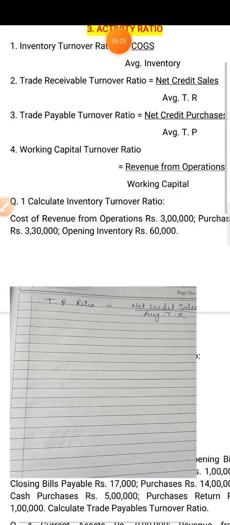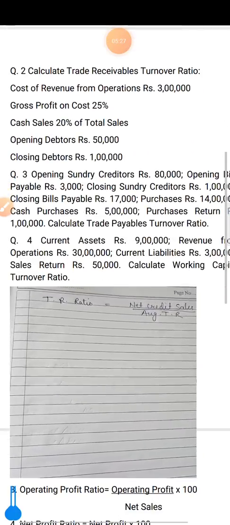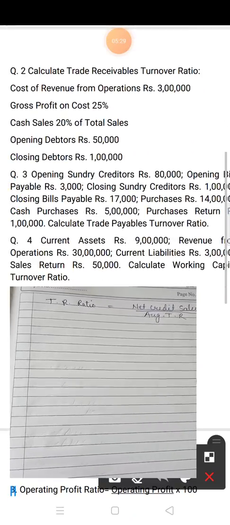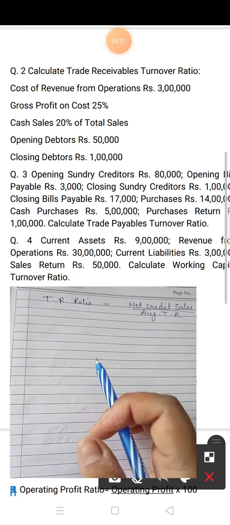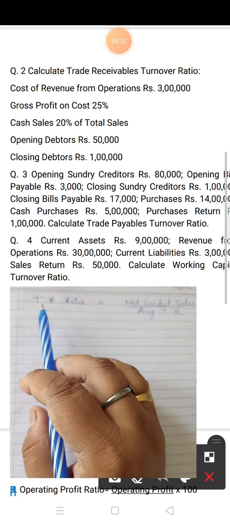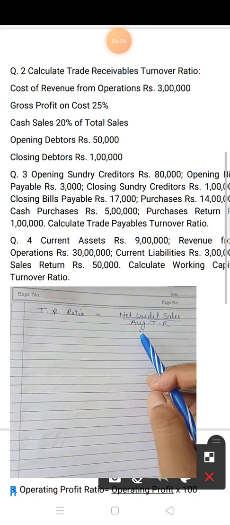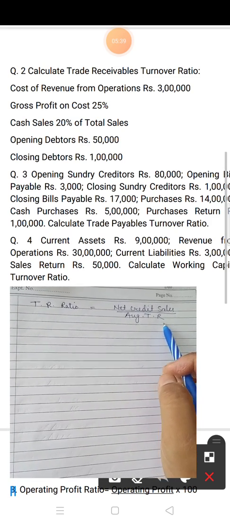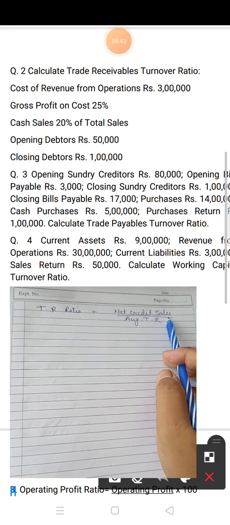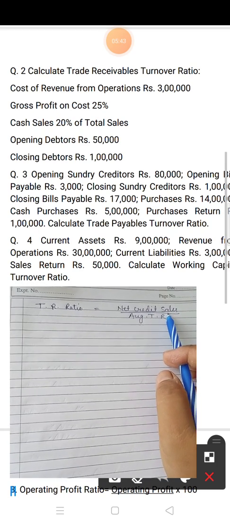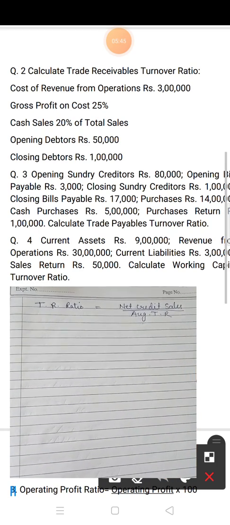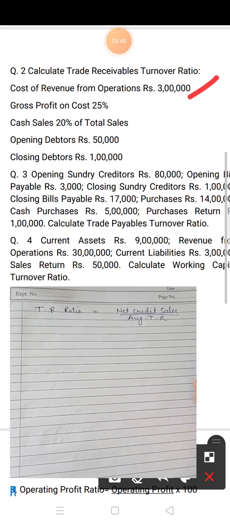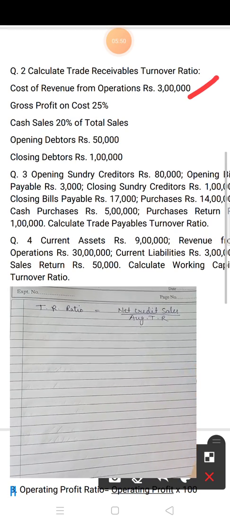Now second question is, calculate trade receivable turnover ratio. Trade receivable turnover ratio formula is net credit sale upon average trade receivable. Now net credit sale, only credit sale you have to take. So in this question, cost of revenue from operation is given, it means COGS.